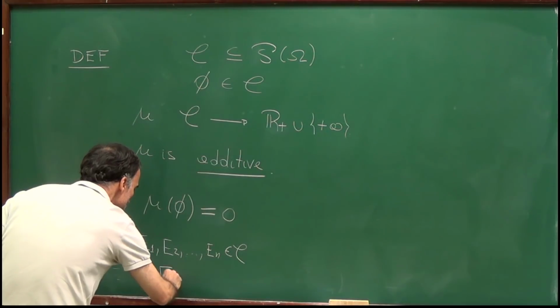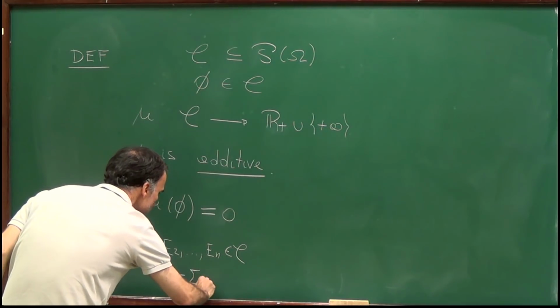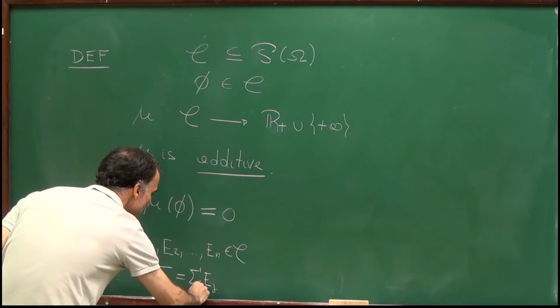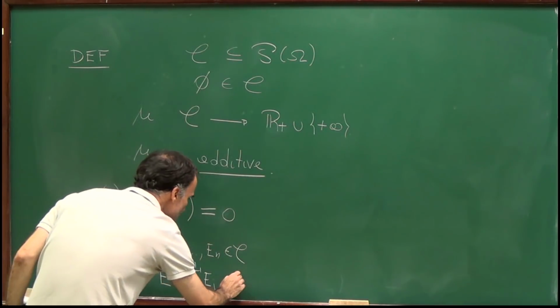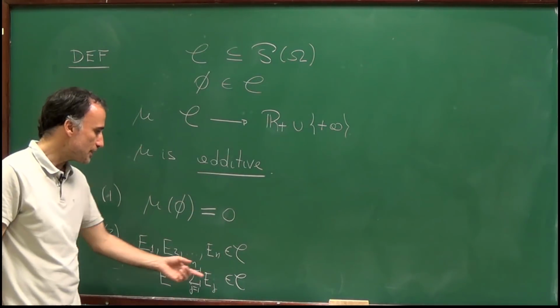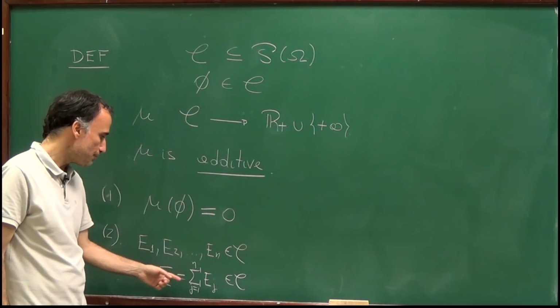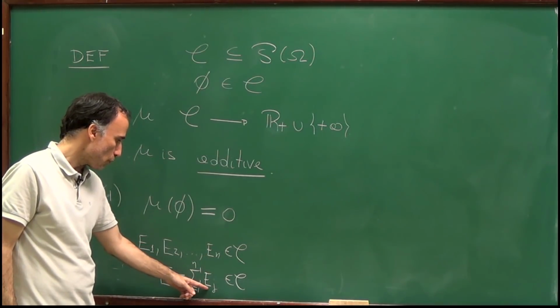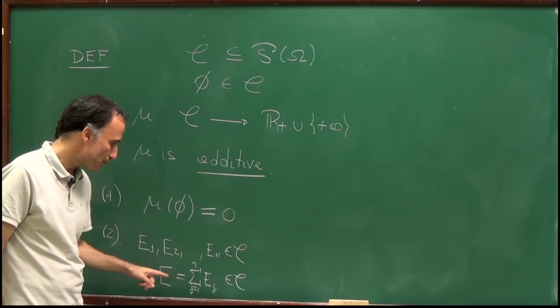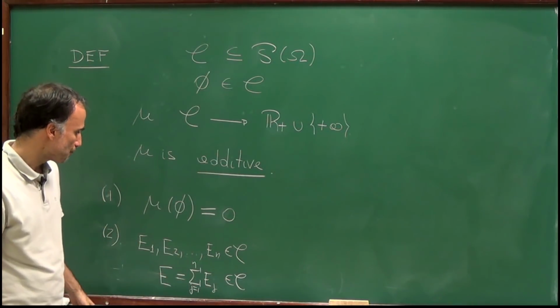Let's call E the union of Ej, j from 1 to n, and let's assume that E belongs to C. You see that if C is not an algebra, there is no reason why this union should belong to C, but I'm assuming here that E belongs to C.